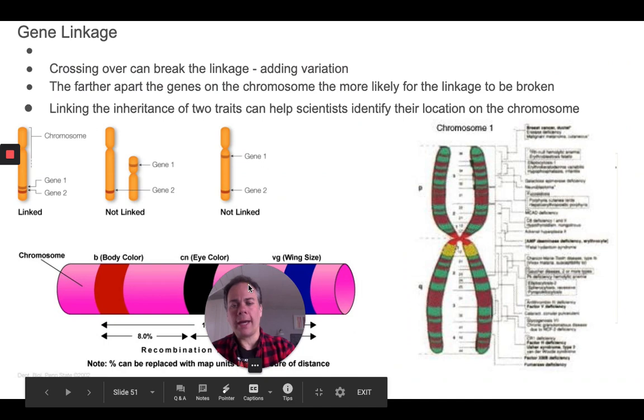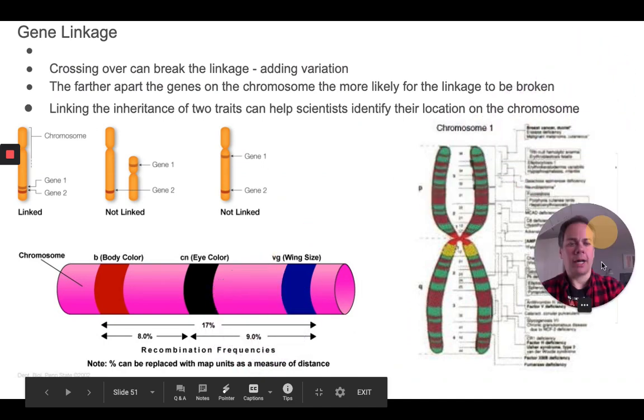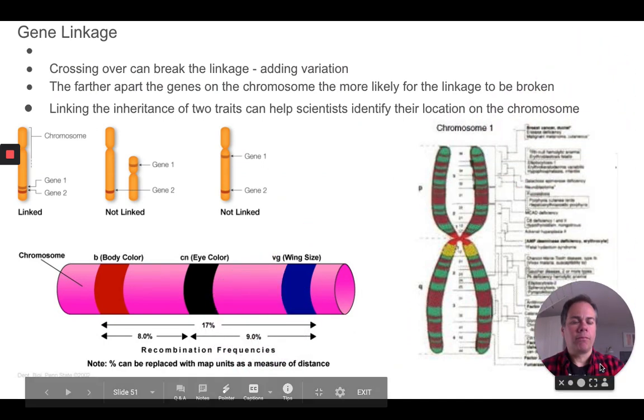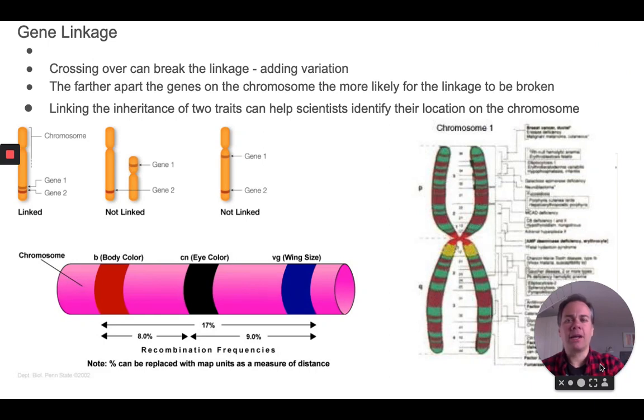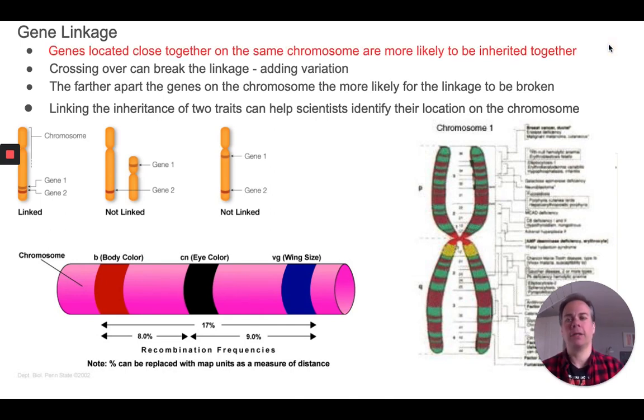We also know that if the alleles for traits are close together on the same chromosome, then they may be inherited together. The reason for this is crossing over. When crossing over happens and chromosomes exchange pieces, it happens at a random position on the chromosome.